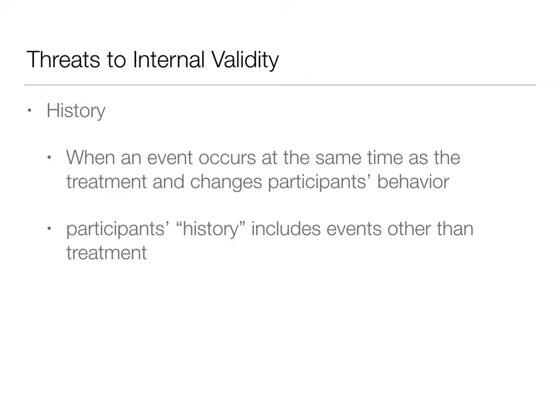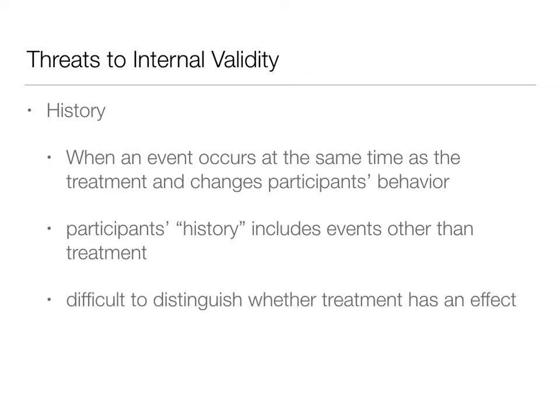It's something else that's being allowed to co-vary with that independent variable, so we don't know if the changes are due to our manipulation of the independent variable or due to this effect of history. And so it becomes difficult to distinguish whether a treatment has an effect.